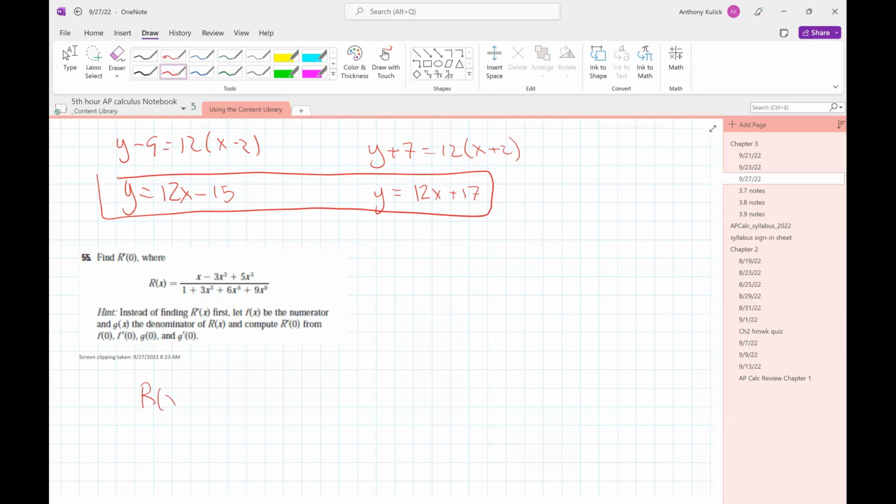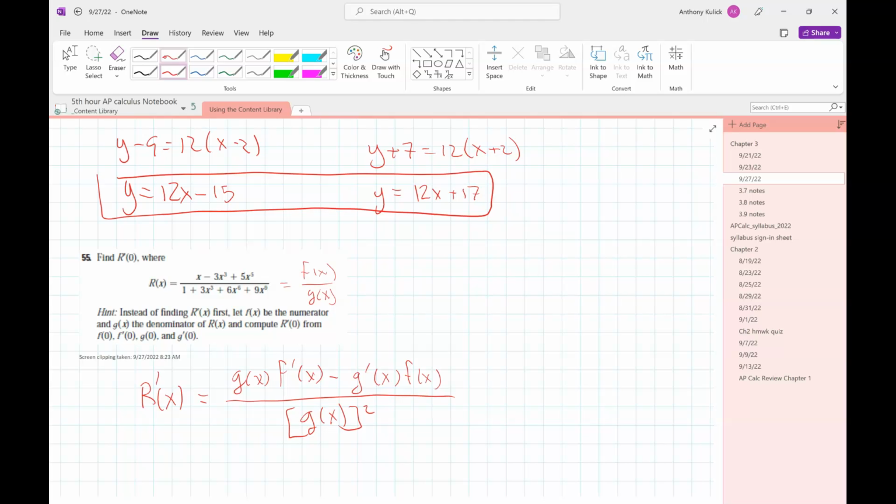So what this hint is getting at is that the quotient rule is going to say that if the numerator is f of x and the denominator is g of x, then this is going to be g of x times f prime of x minus g prime of x times f of x, all over g of x squared.